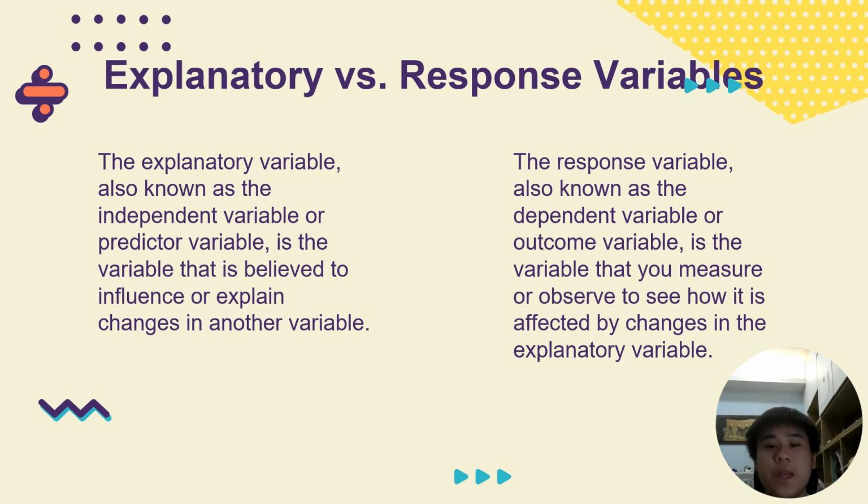The response variable is also known as the dependent variable. It will be affected by changes in the independent variable. It's the thing that you measure. For example, in the examination and test scores, the thing you measure is the test score, so the test score itself is the response variable.